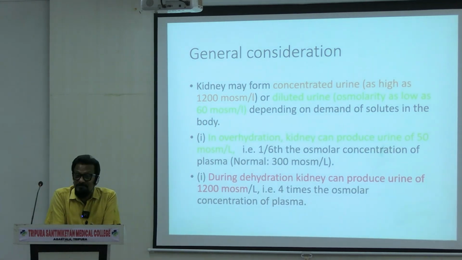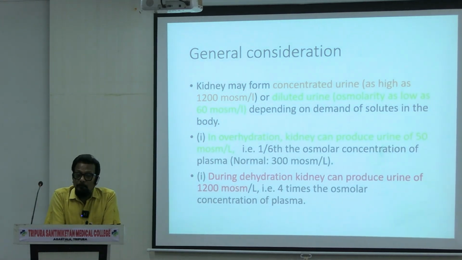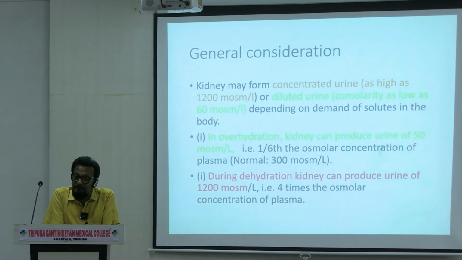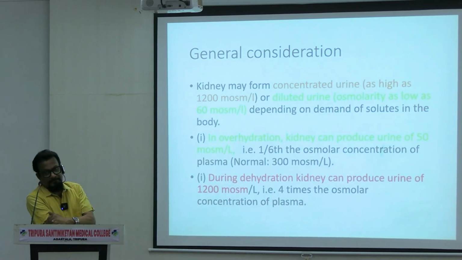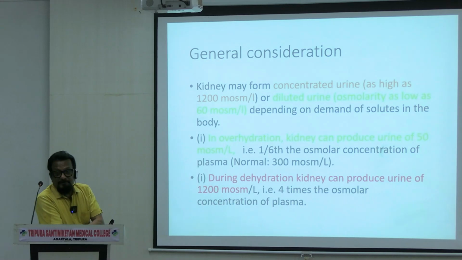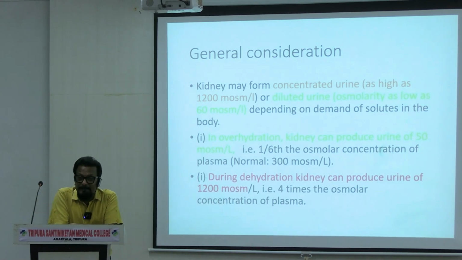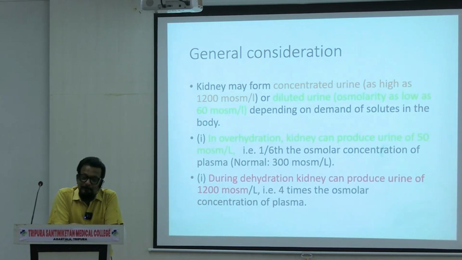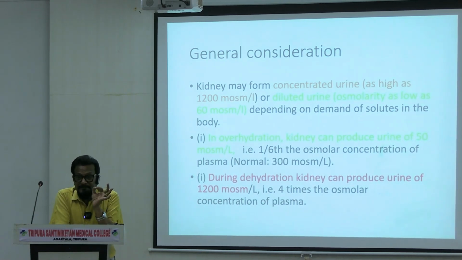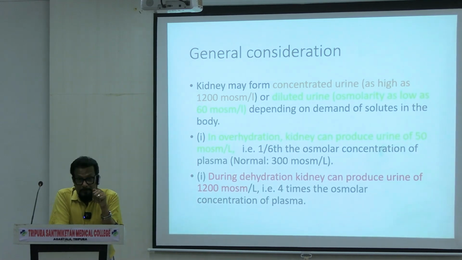Maximum, this much we can concentrate. When does this situation arise? When we are dehydrated. In such condition, urine concentration or osmolarity may increase. Normally it is around 600 milliosmoles. But in the dehydrated condition, it may go up to 1200.